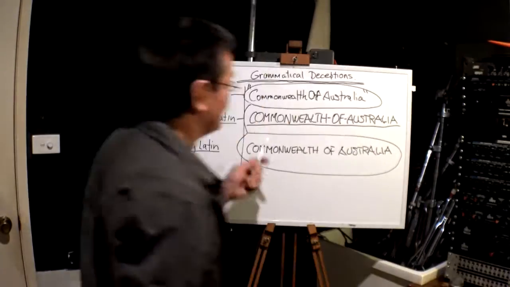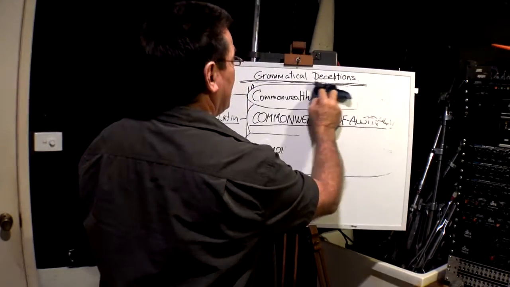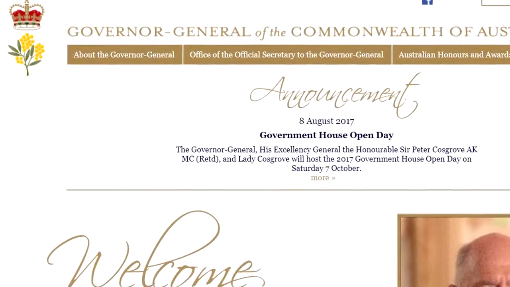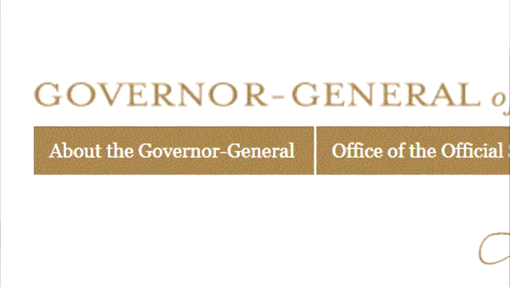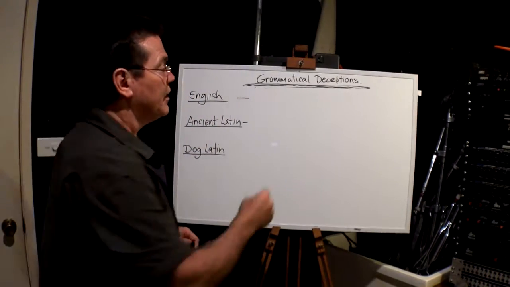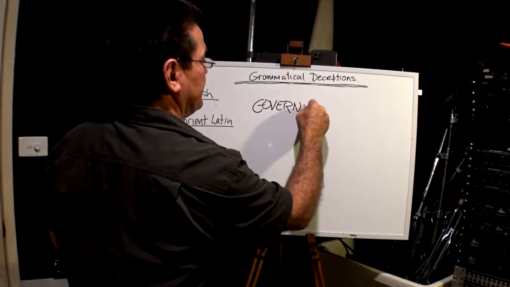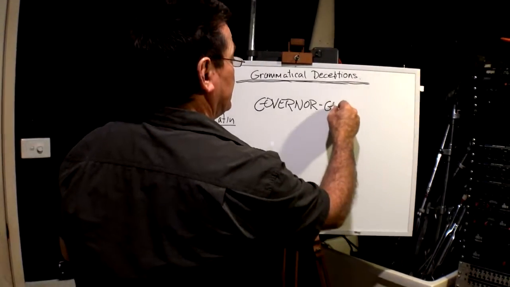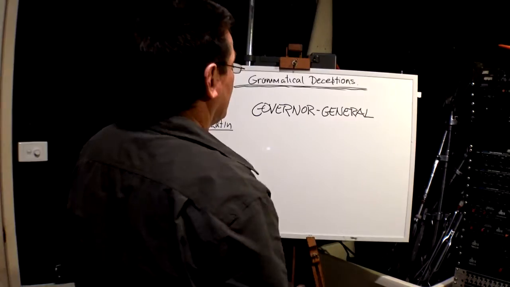Now that you understand that, if you go onto the website under the Governor General, you will start to see just how confusing things start to happen. Even if you ring the office of the Governor General and ask, they've written it with a hyphen, which is right.